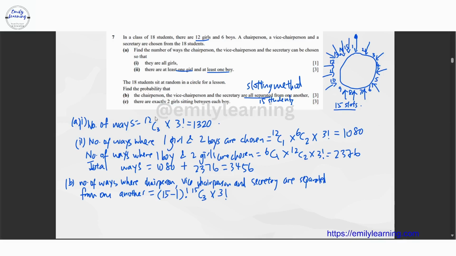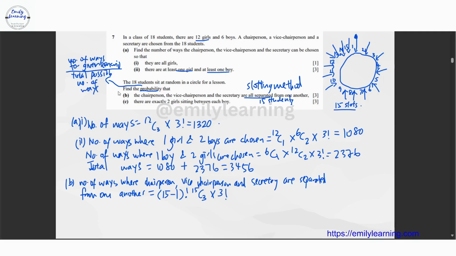The reason is because they're asking for probability, not number of ways. So this is the P&C type of probability questions. To find probability, you first need to find the number of ways for the given scenario over the total possible number of ways.